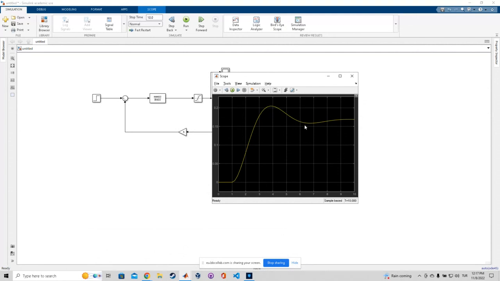So for the tolerance band in this lab, we ask for 2%, or it could be 5%, one of them, around the final value, right? So in here, our settling time is around 6 seconds. Right? The time passed to reach the steady state and stay between the tolerance band. That's the settling time, right?